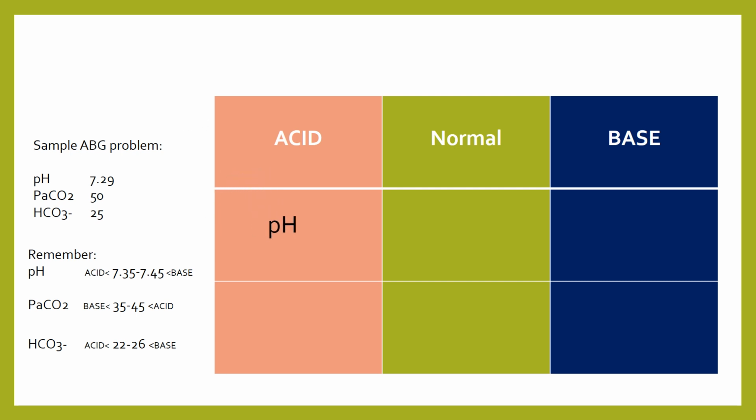Now for our PaCO2, if it's less than 35, we consider that a base, and if it's greater than 45, we would consider that an acid. So a PaCO2 of 50 is acid. Then a bicarb of 25 falls within the normal range, so that's normal.